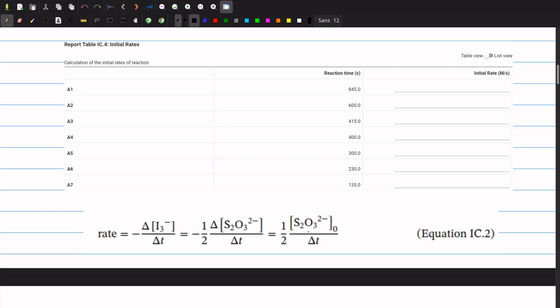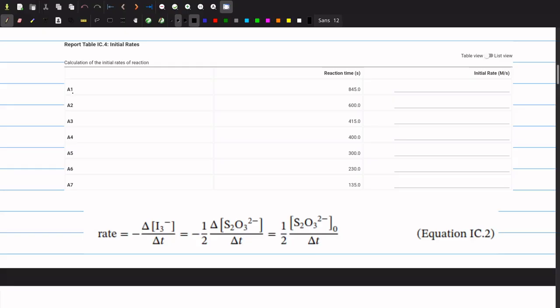Basically, the color was not going to change until we had used up all of the initial concentration of the thiosulfate. And if we just look at the rate equation, we can see that the rate is going to equal 1/2 the initial concentration of the thiosulfate divided by the amount of time that it took to see the change in color.